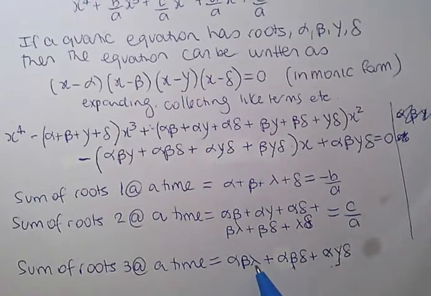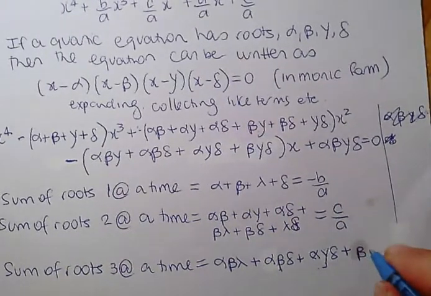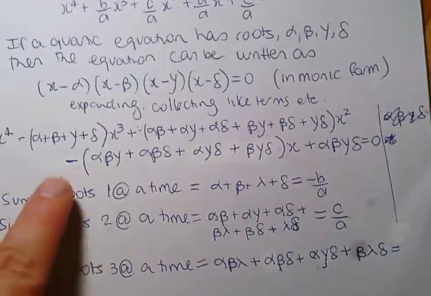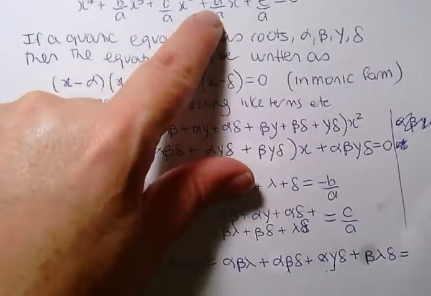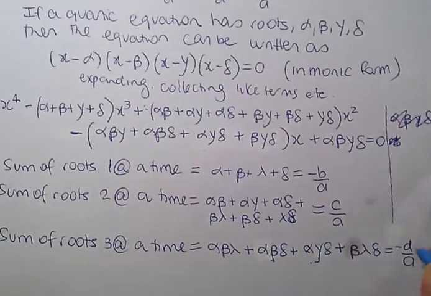So here I've missed the delta, here I've missed the gamma, here I've missed the beta, and plus, I'll miss the alpha in the last one, plus beta, gamma, delta. Now that's the coefficient of the x, and it's negative of that. The negative of that equals d on a, so therefore that equals negative d on a.